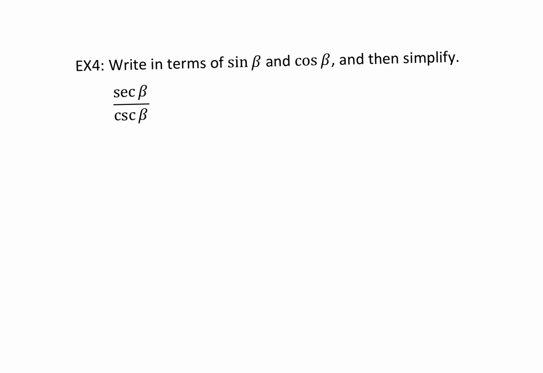And in example 4, I have the Greek symbol beta. It looks like that weird B, just so that you can get used to using different symbols. So if we had to write this expression in terms of sine and cosine, if I were to replace the secant with 1 over cosine and cosecant with 1 over sine, I would end up with a complex fraction, which is fine.